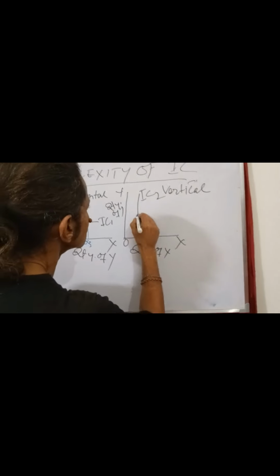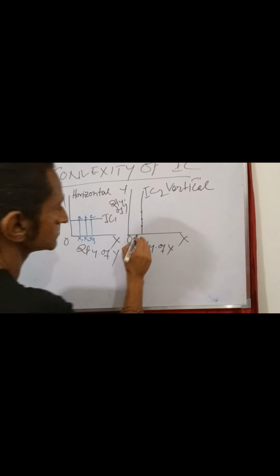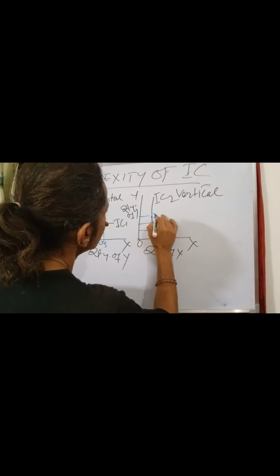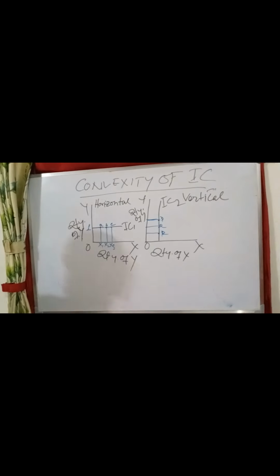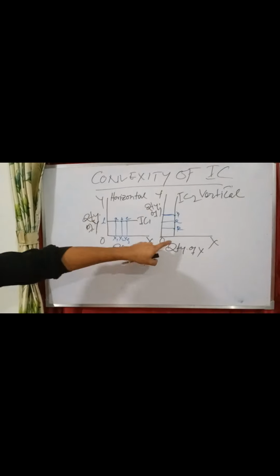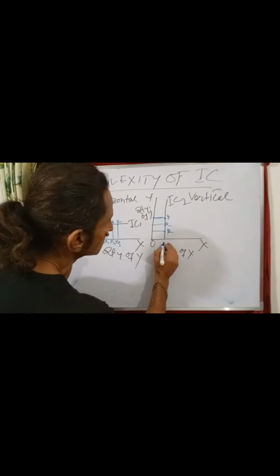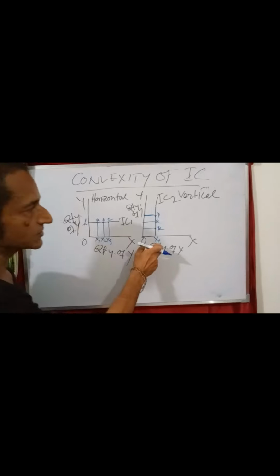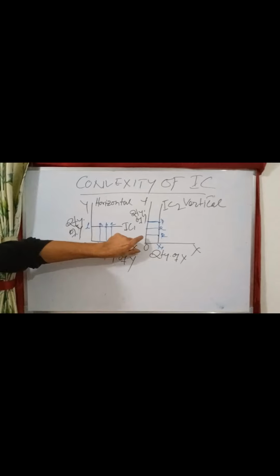Take 3 points P, Q, R. Say this is P, this is Q, this is R. As the consumer moves from P to R or from R to P, his consumption of X remains constant at, say, OX1. His consumption of X remains constant at OX1. But his consumption of Y has been increasing.